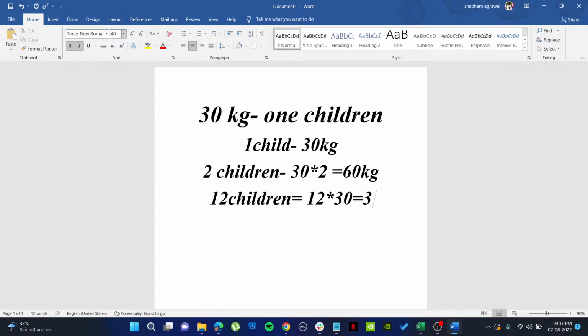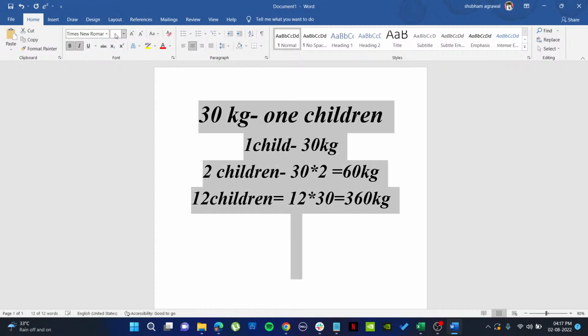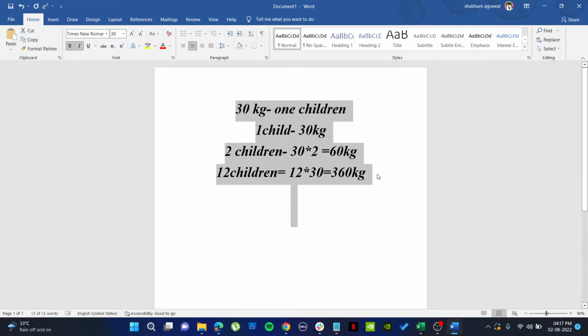What happened to the mic? Let it be 30. Okay. Here if we multiply 12 by 30, it would be 360.